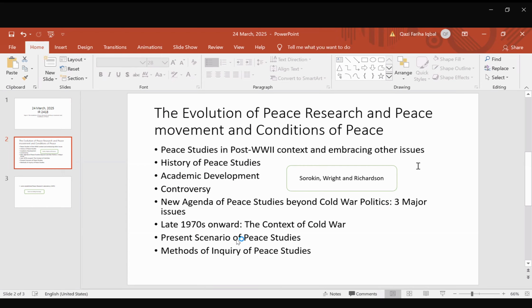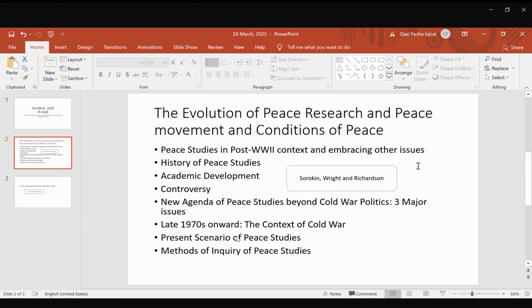Throughout the 1960s and 1970s, we have seen that civil societies were much more active in identifying the threat of ecological disaster, and the way civilization was undertaking economic development was going to hamper the overall ecosystem, and in the near future threaten the very existence of human beings themselves.